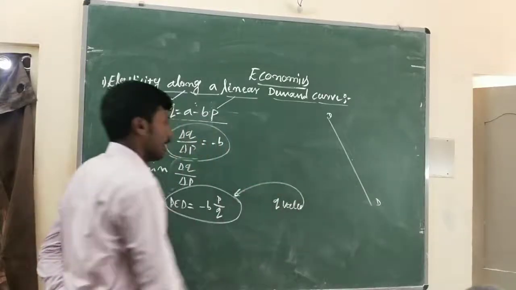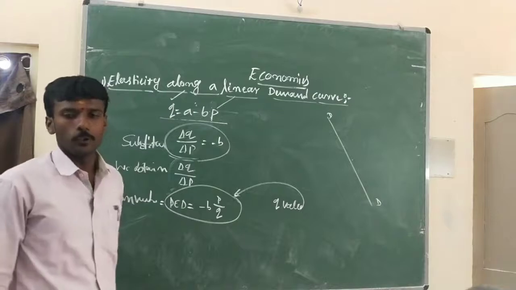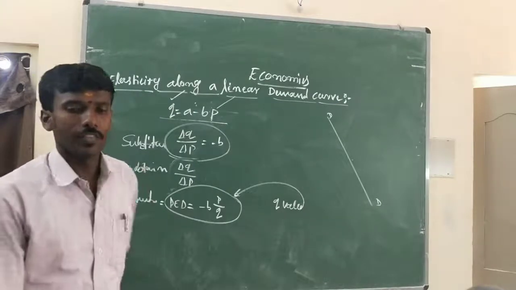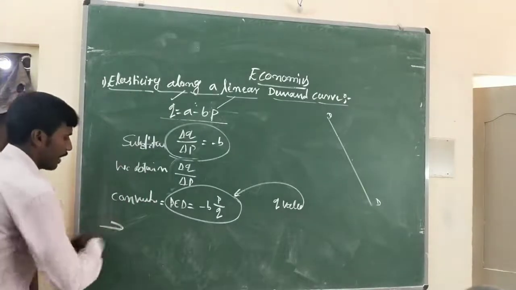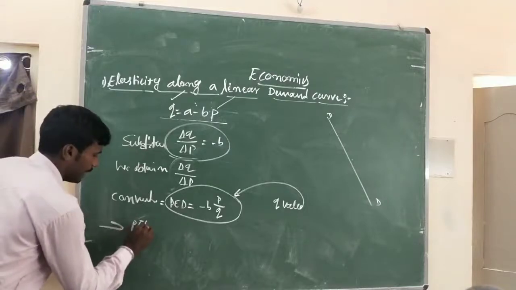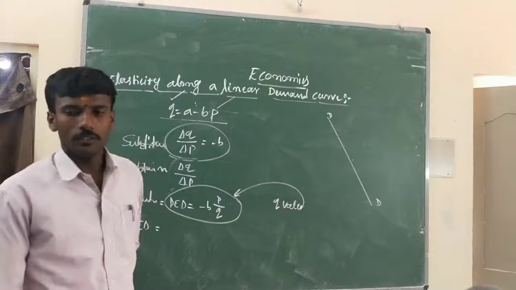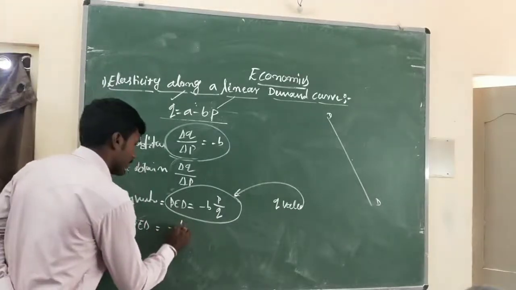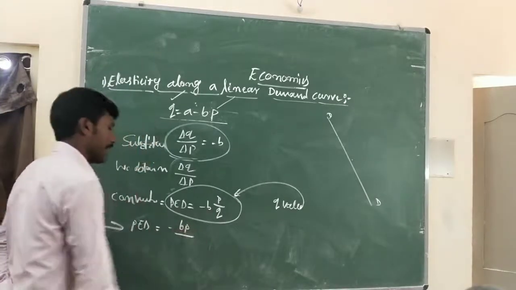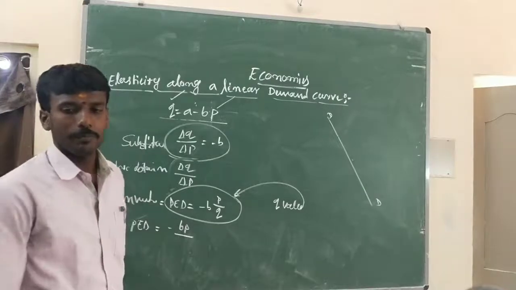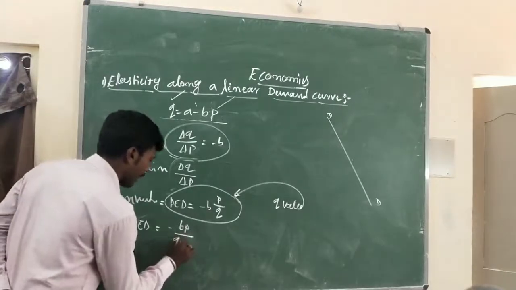See, now we are putting the value of q, then we will get PED or ED equals minus bp divided by a minus bp.